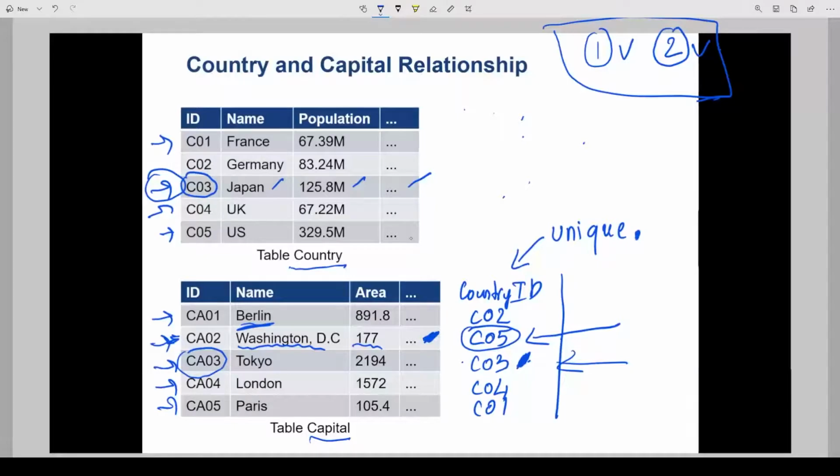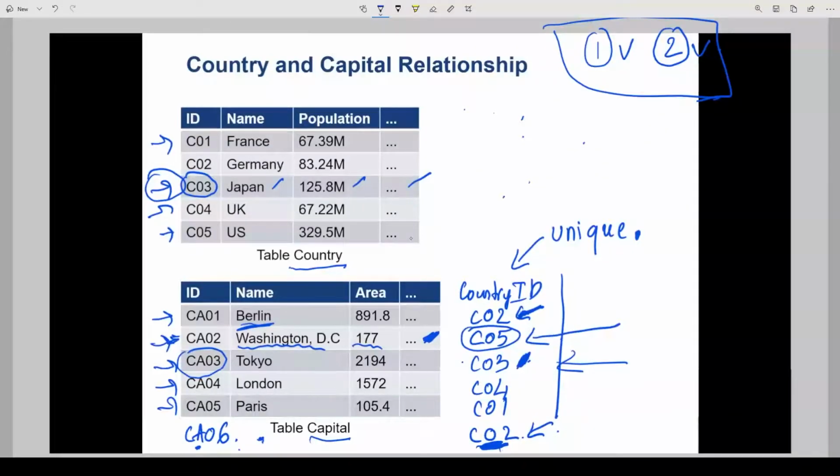Which means that we never have another row with C02 in here, because C02 is already in here. C02 cannot be here because this one cannot have some other ID C06, the name of the capital being something else, with the same country C02.